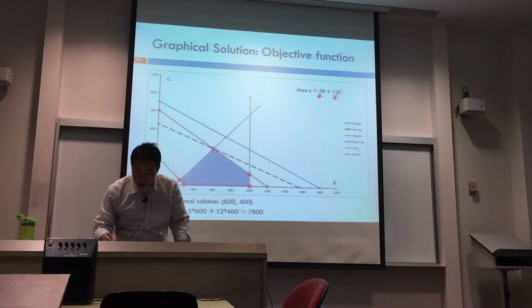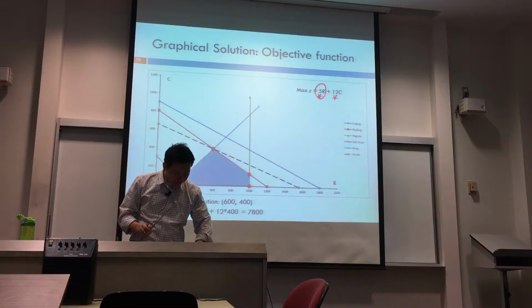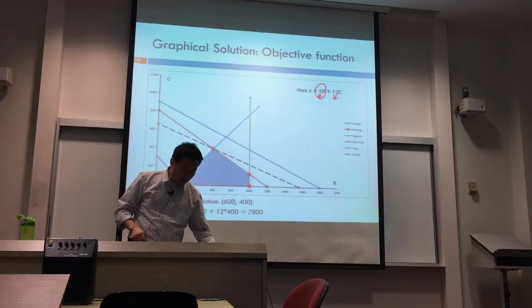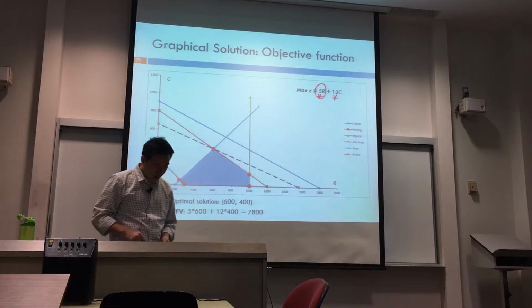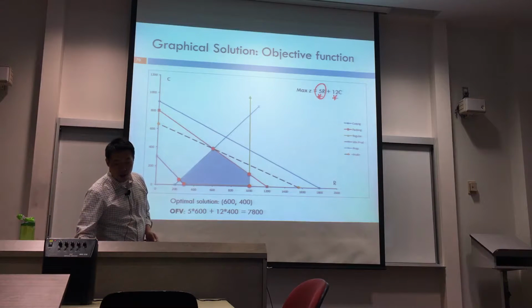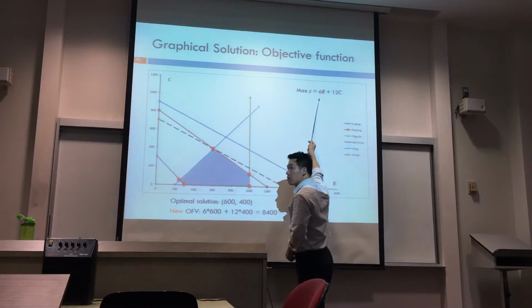So let's focus on this particular coefficient 5, okay? What if this number is going to increase? So instead of 5, how about now it's 6? Used to be 5, now it's 6.